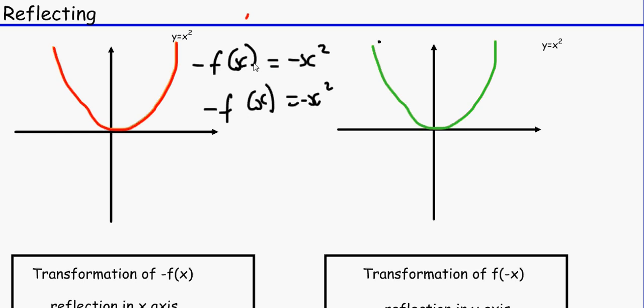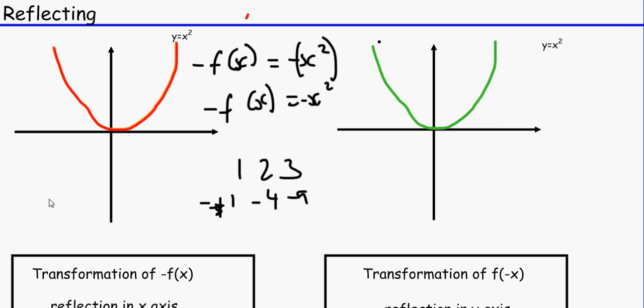Anyways, if you wanted to check it, we could substitute the numbers in. So for example, we have 1, 2, 3. That will be minus 1 squared, minus 1, minus 2 squared, which I should really have written like that, makes minus 4, minus 9.